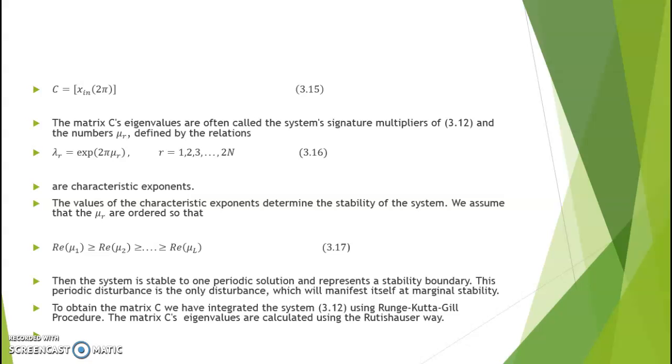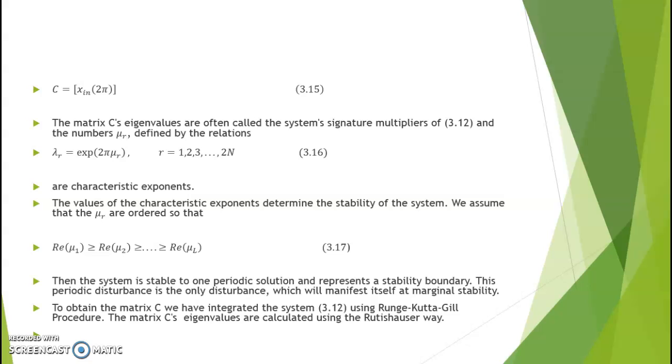So the values of the characteristic exponent determine the stability of the system. We assume that the symbols are ordered so that the system is stable to one periodic solution and represents a stability boundary.